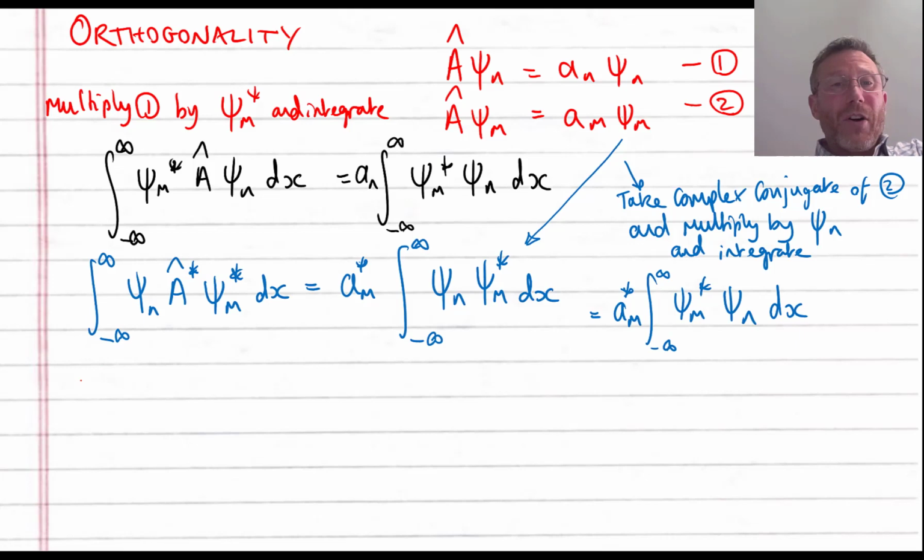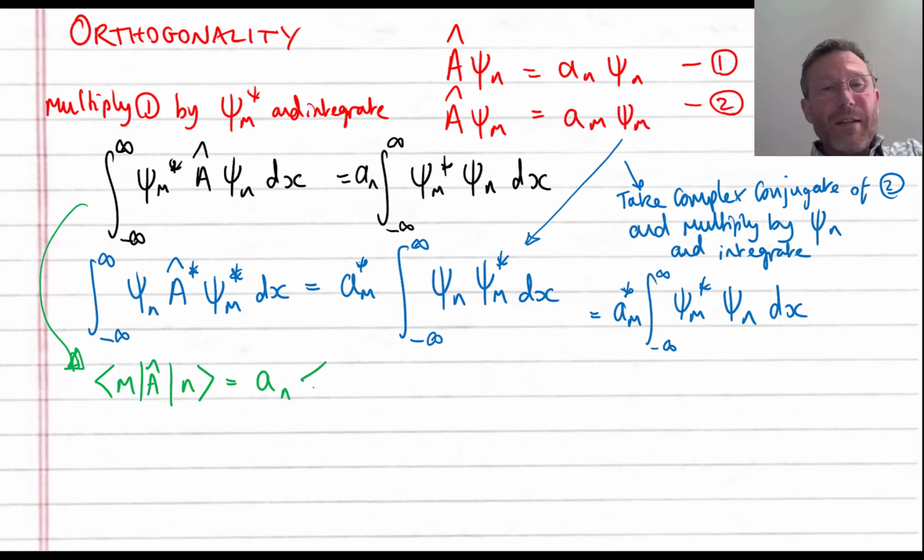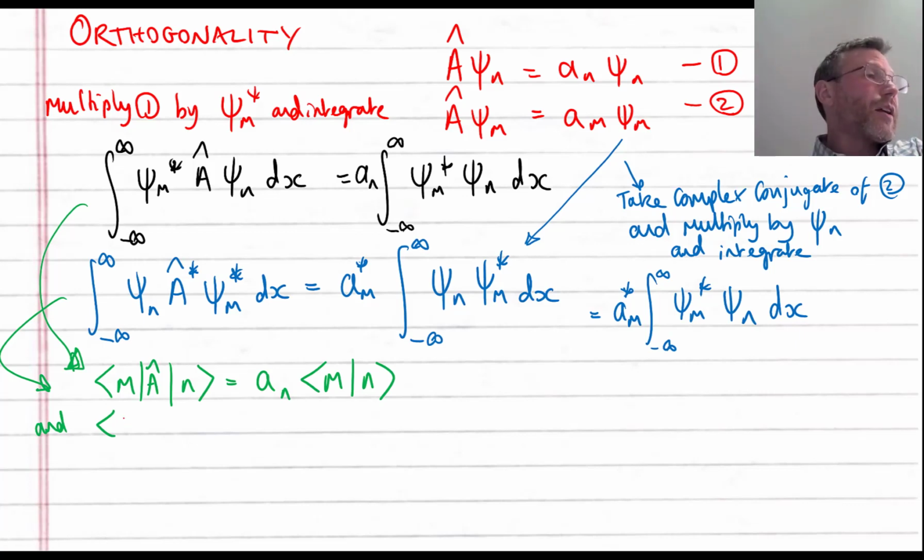So what do we have? We've got at the top here, m a hat n equals a n, and then in here we're going to have m and n. There is the integral, but there's no operator in here. We've also got, from this section in blue, let's put the colors kind of the same, n a hat m in here, and then we're putting the complex conjugate in here.